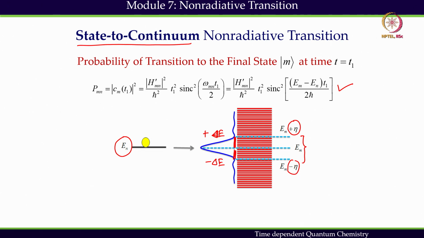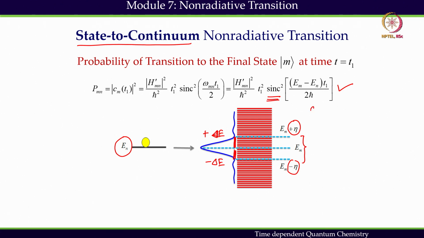So several final states are available. If they are available, then the allowed bandwidth of this transition, which is controlled by this cardinal sine function, will allow the transition to happen from a discrete initial state to a number of final states. And if the final states are so closely spaced in energy, they can form a continuum.